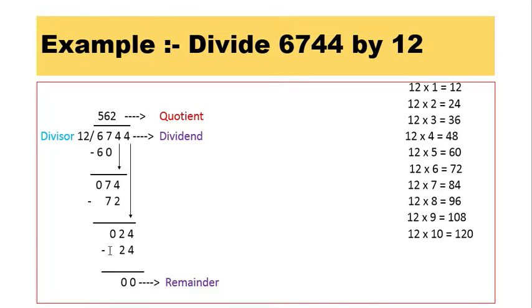Write 24 here and subtract it. 4 minus 4 is 0. 2 minus 2 is 0. So students, 562 is the quotient, 6744 is the dividend, 12 is the divisor, and 0 is the remainder. Okay, is it clear?